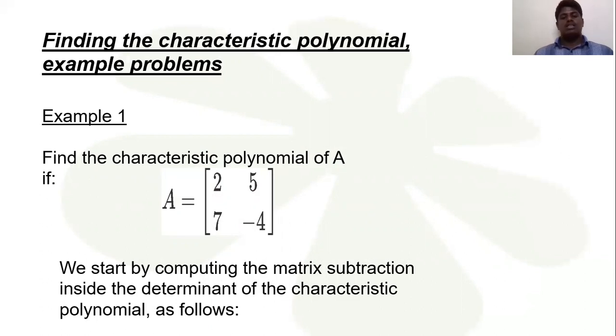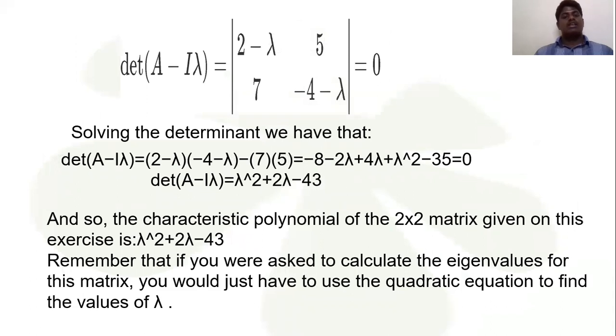Determinant of A minus lambda I equals the determinant of 2 minus lambda, 5, 7, minus 4 minus lambda, equal to 0. Solving the determinant, we have 2 minus lambda times minus 4 minus lambda.